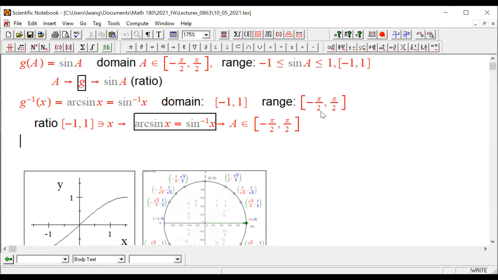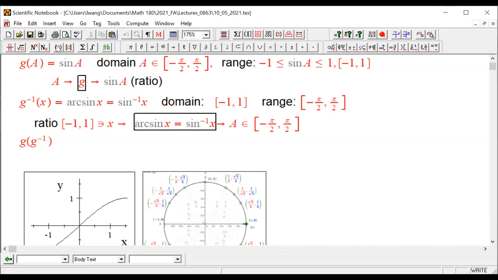Among them, we know that G, which we spend so much time on, right? G, the composition of functions. Remember this property? Except at that time we used F, right?